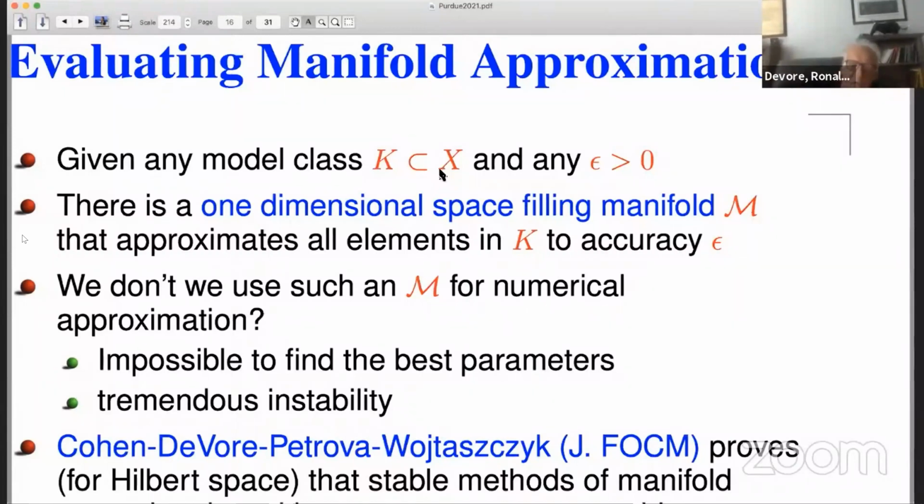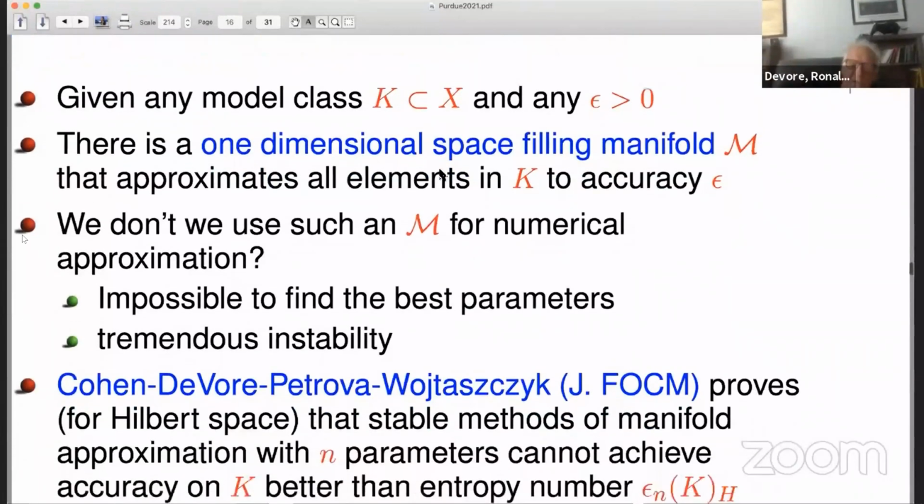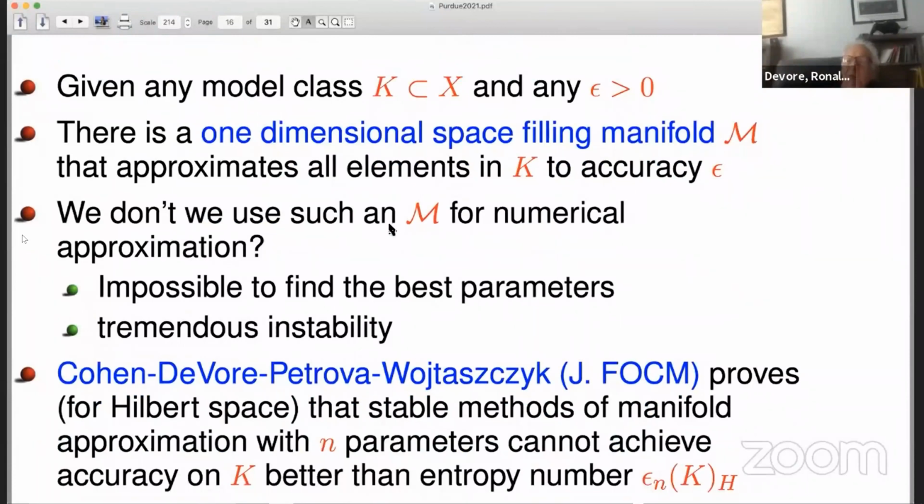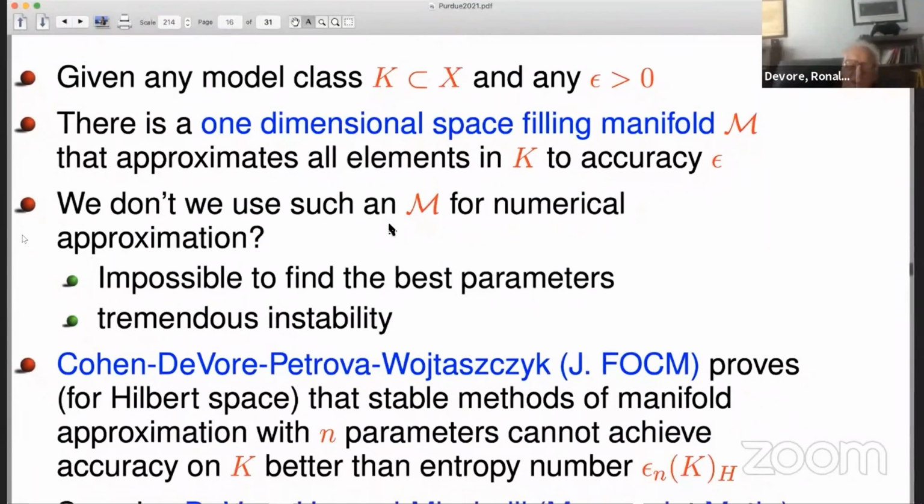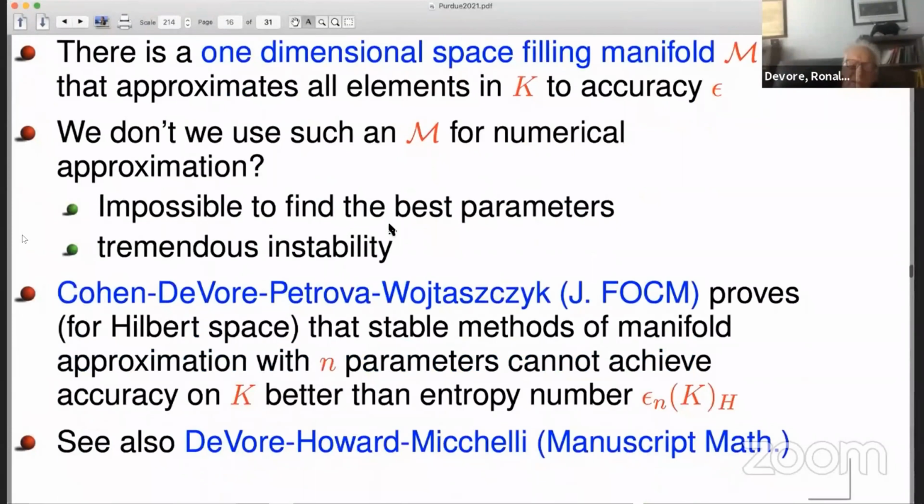Of course, the problem is that these one-parameter manifolds are very unstable. As you search to find a good parameter, changing the parameter ever so slightly changes the function Mn of A a tremendous amount, leading to high instability. And so keep that in mind.